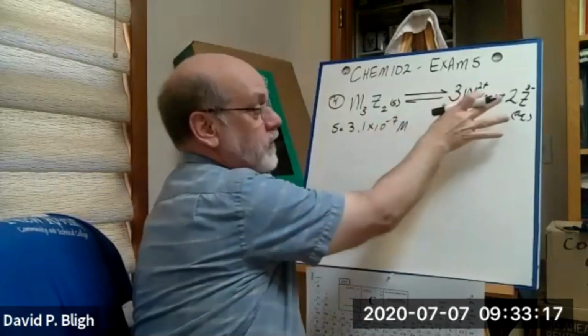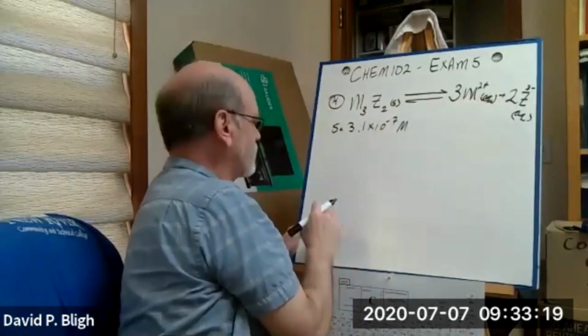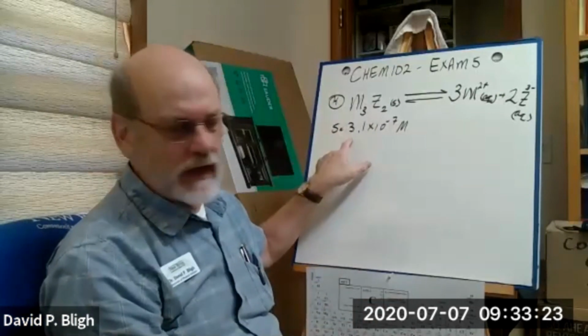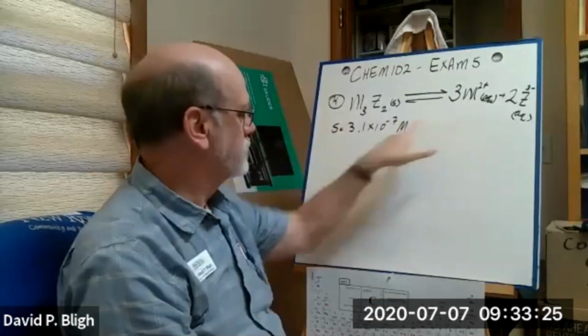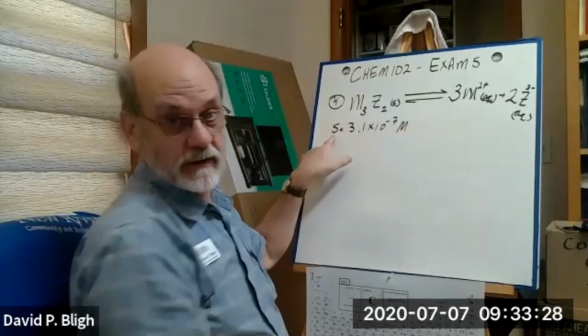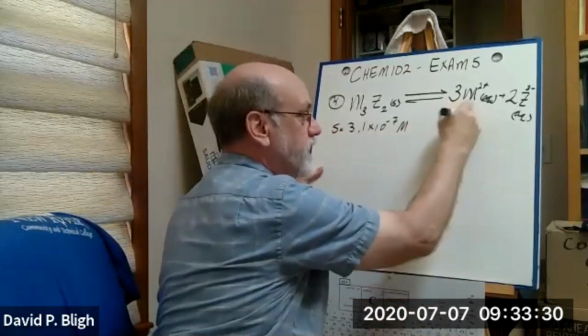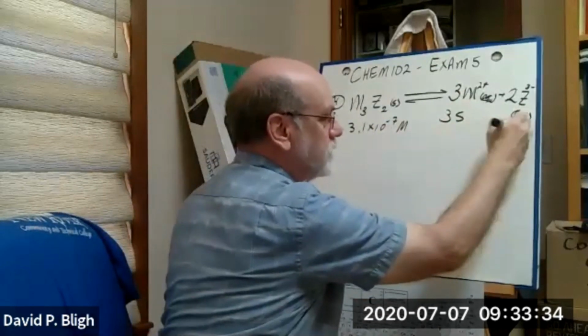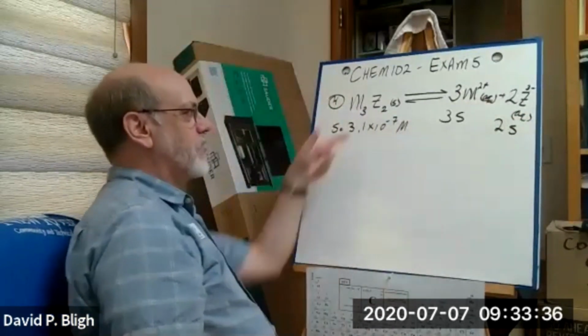So we just need to write an expression for that. Well, while we're here, if one of these dissociates, how many of those does it produce? 3 of these, right? So we're going to show up with 3 S's on that side for every one of these, and 2 S's for every one of those.